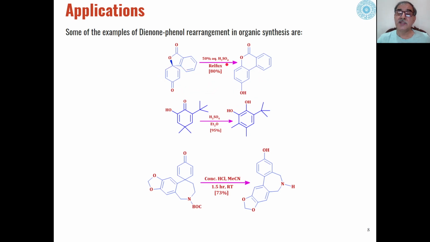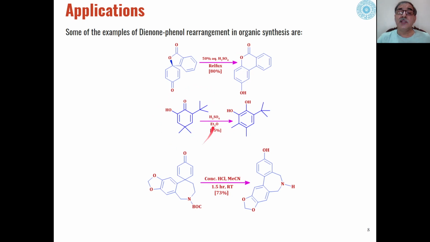Under acidic conditions they are converted into these types of compounds where migration of this group will take place to give us a ring expansion, to give us these types of six-membered rings.